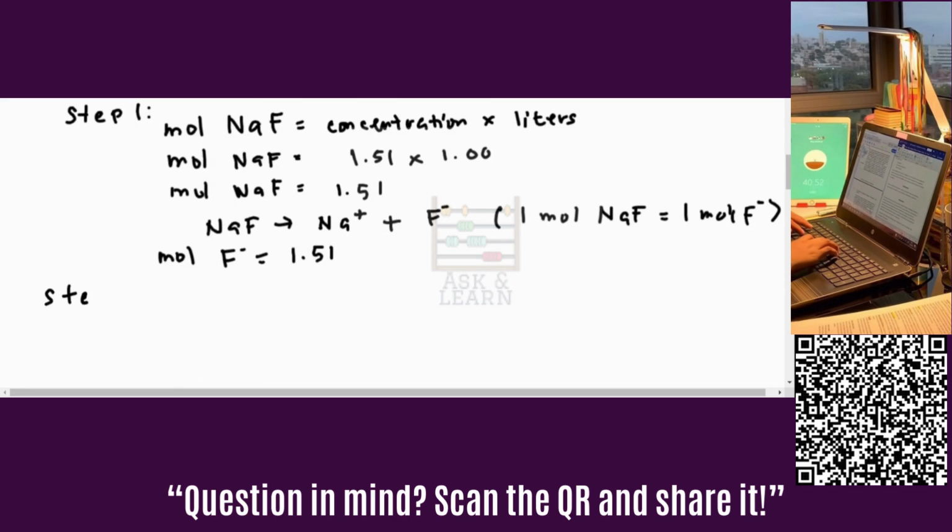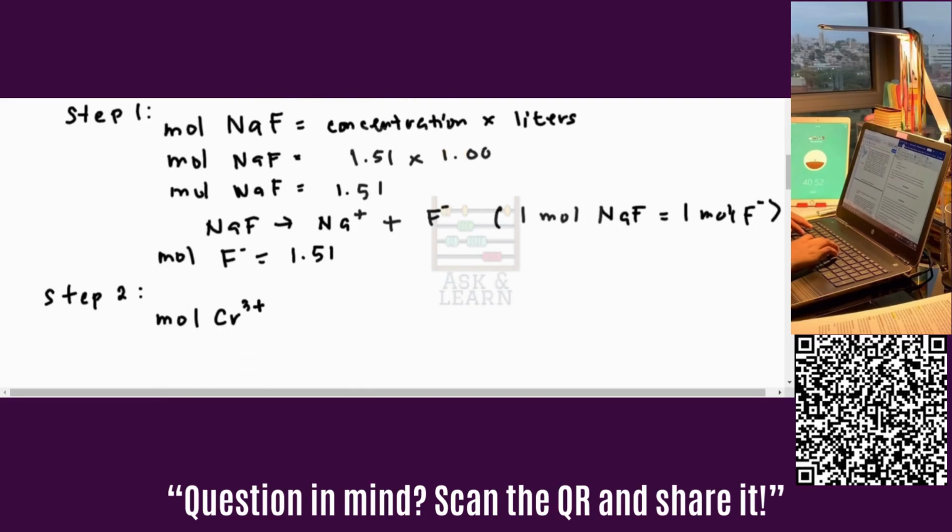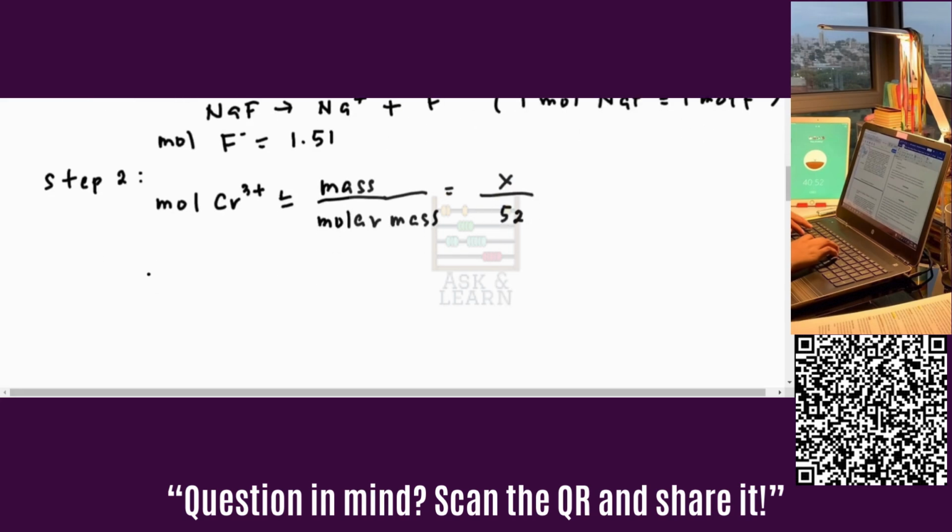now let's compute the moles of Cr that reacts with a fluoride ion. So we note that moles is equivalent to mass over molar mass, and we know that the mass, we let it as x, the molar mass is established as 52.